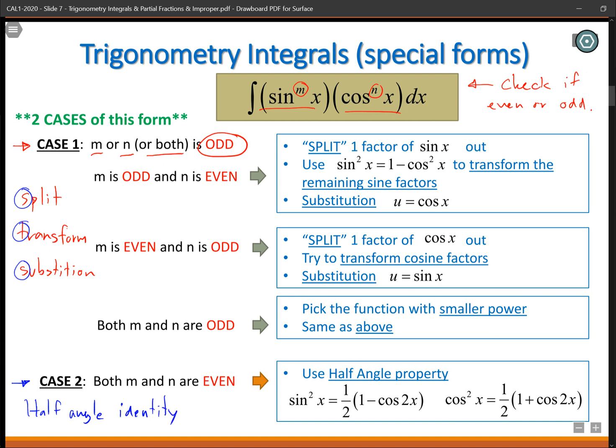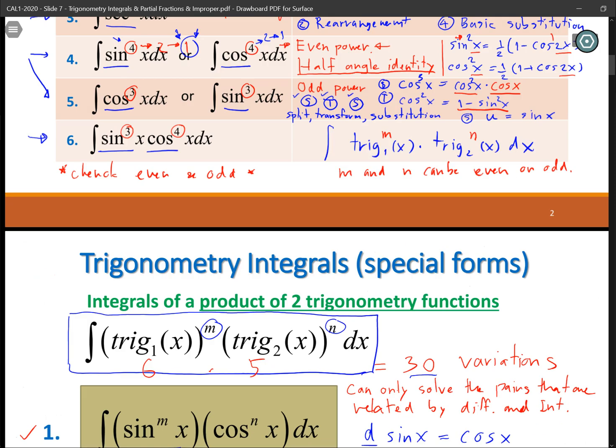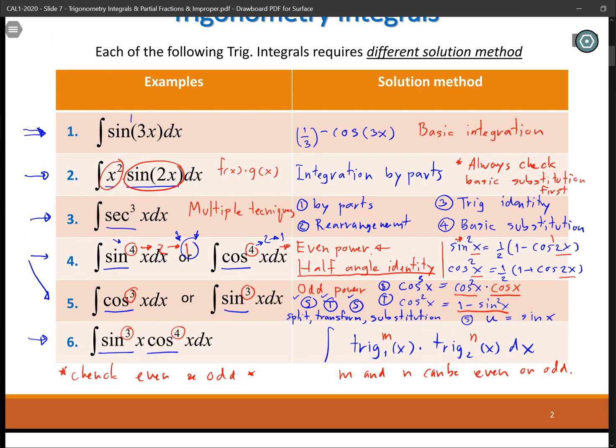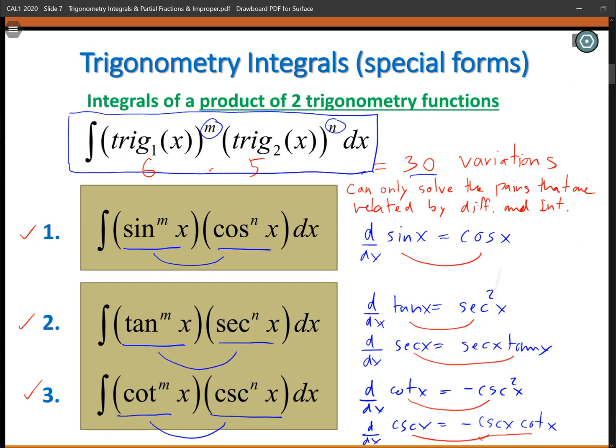At this point, you might notice that this is quite similar to what we did up here, number 4. When the power is even, we use the half angle, and when the power is odd, we use the STS technique. Same thing here.